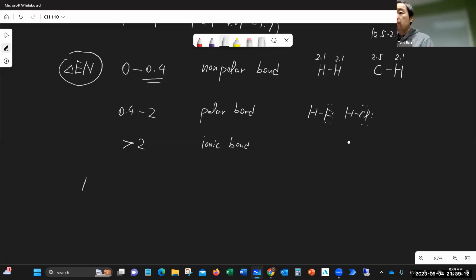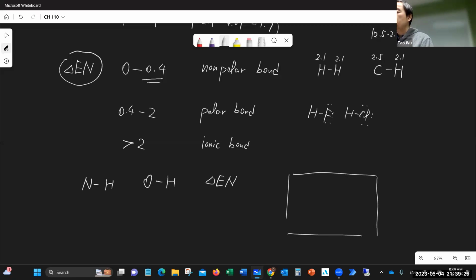So here, nitrogen and hydrogen, and oxygen and hydrogen. Think about how the electronegativity will change. Remember, this is smaller, this is smaller. And remember, hydrogen is over here, nitrogen is here, oxygen is over here.